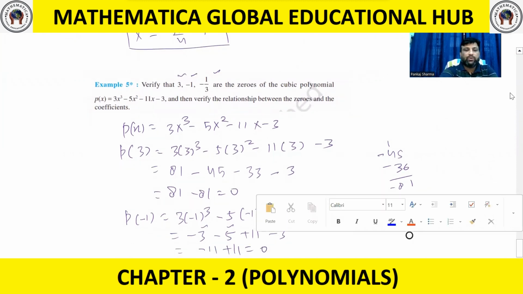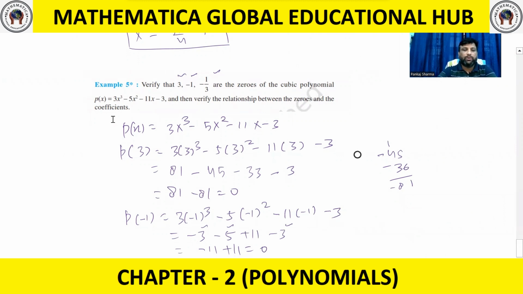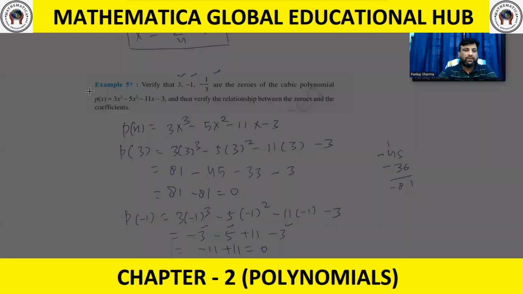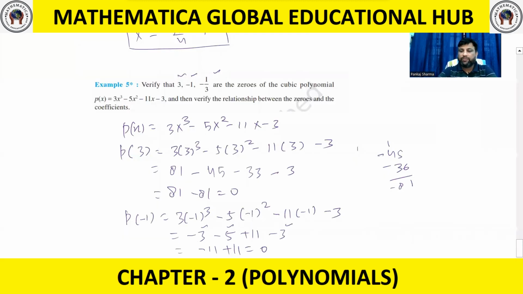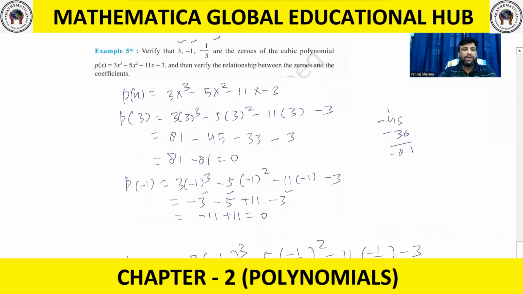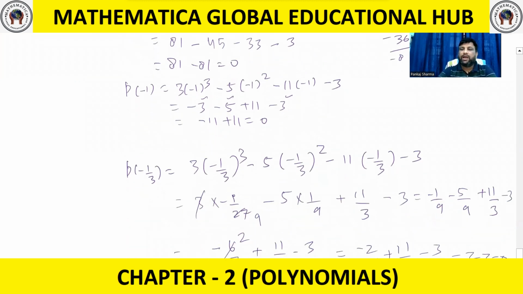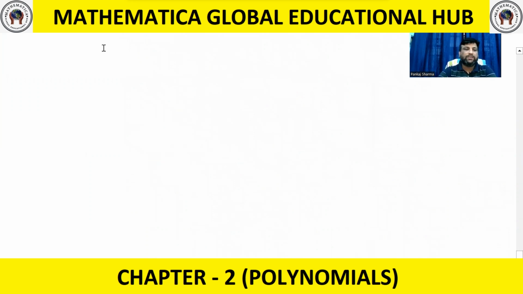So if we are talking about the polynomial, this polynomial p(x) is equal to 3x cube minus 5x square minus 11x and minus 3. So I think everybody knows a is 3, b is minus 5, c is minus 11 and d is minus 3. And we have already discussed the relationship.